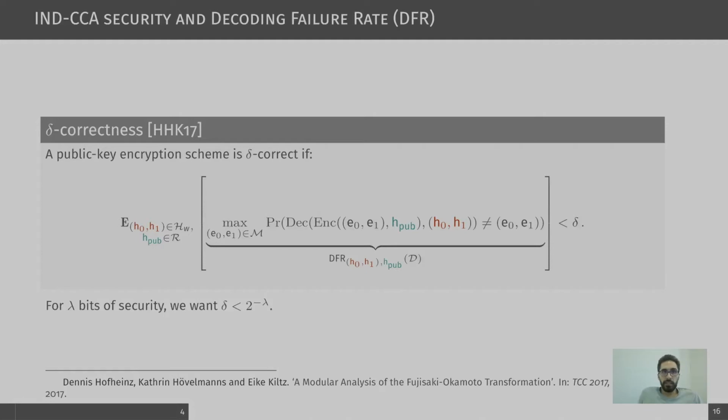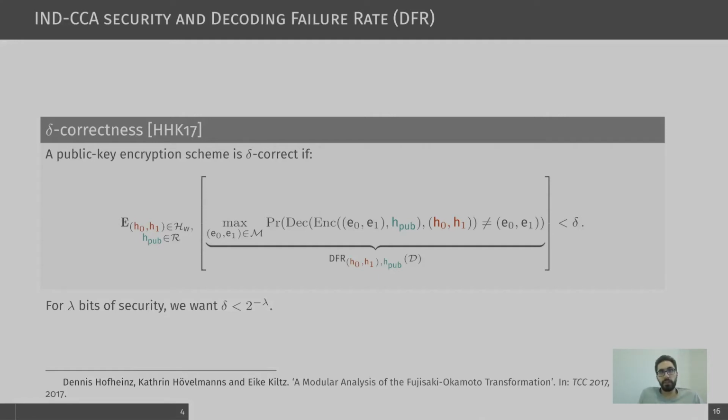So if we break down the expression of the delta-correctness, we see that in the middle we have an encryption of a message with the public key that we then decrypt with the private key, and we want to calculate the probability of the input of this process being different from the output. There is also a maximum over all the possible messages, but we can remove it when we talk about BIKE, because in the encryption method there is already a randomization process.